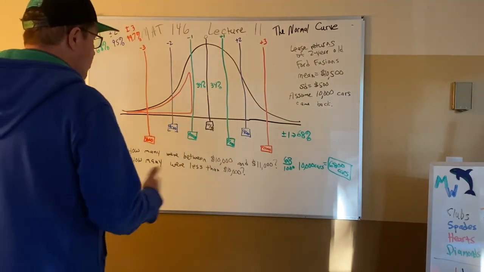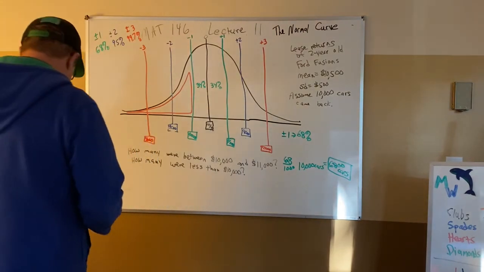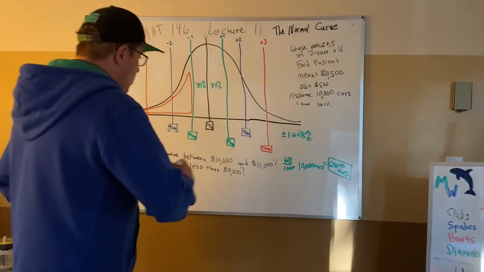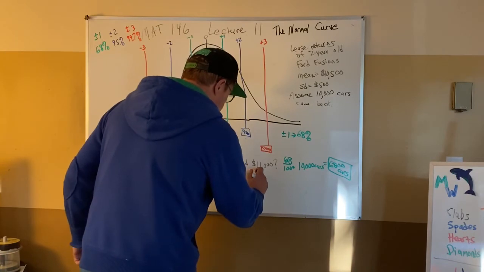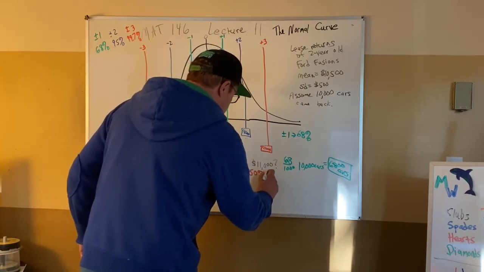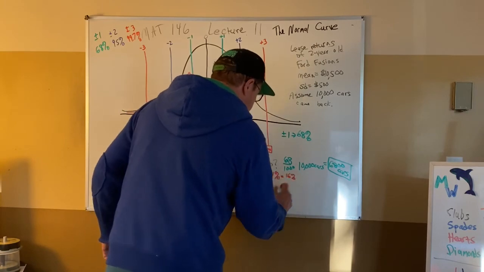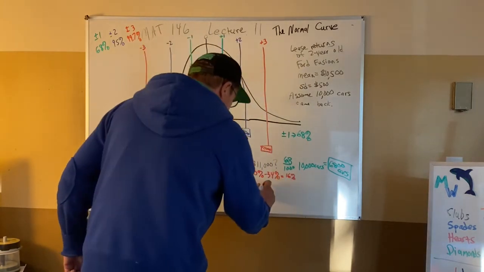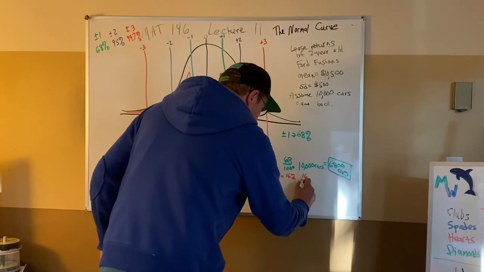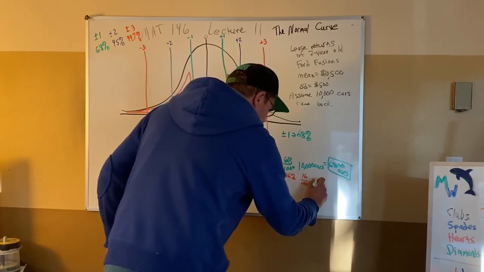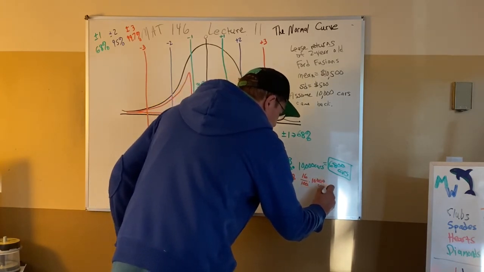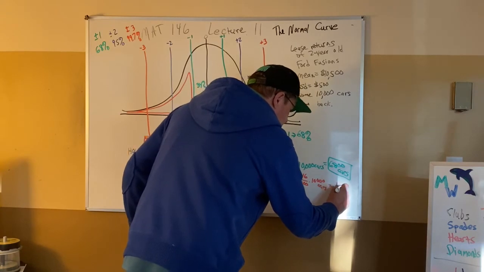We want everybody else. We want the complement of that 50%. So we're going to go with the lower 50% minus 34% leads us to 16%. And then we'll go with 16 over 100 times the 10,000 cars. You get 1,600 cars.